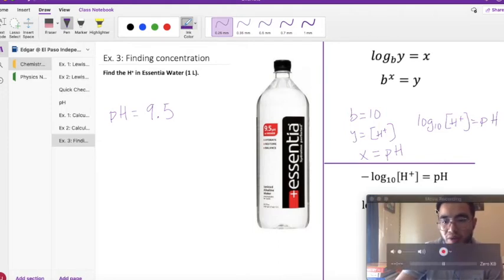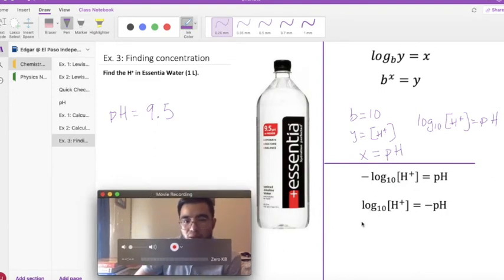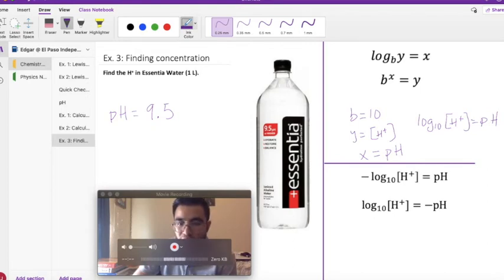Now let me move my camera a little bit. Now let's rewrite this one in the form B to the X equals Y. So instead of B, we write 10. Instead of the X, we write the pH. And instead of the Y, we write the hydrogen ion concentration.